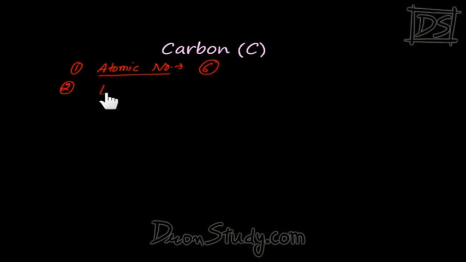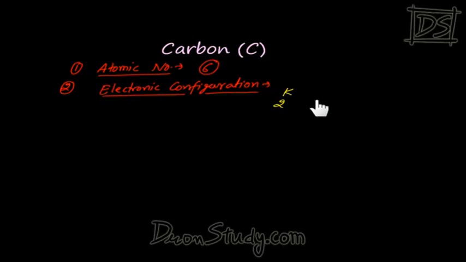Secondly, we are talking about its electronic configuration. You have learned to write electronic configuration. So tell me, what would be the electronic configuration of carbon? Carbon has 6 electrons as its atomic number. So how many electrons will go in the K shell? 2.